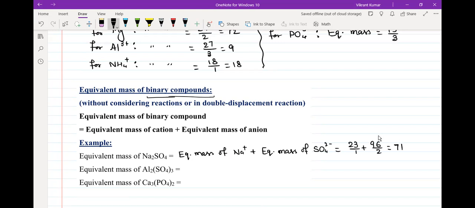Okay, now tell me this one. For aluminium we will write 27 by 3. For sulfate it's already written above, 96 by 2. That becomes 9 plus 48, that is 57. 57. Okay, next one.